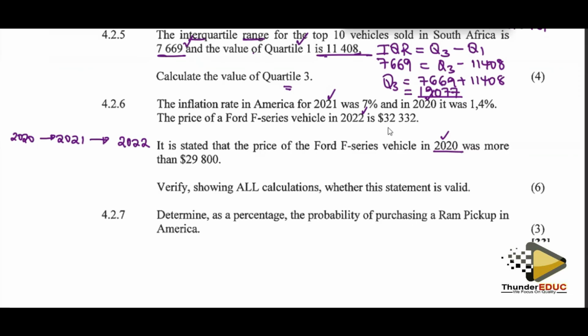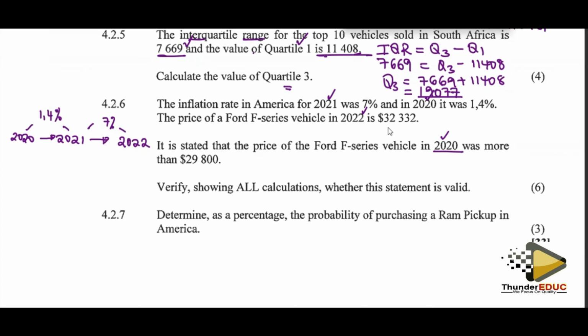Then what percentages do we have? 2021 was 7%, so in between these 2 years is 7%. Then between 2020 and 2021, the percentage is 1.4.